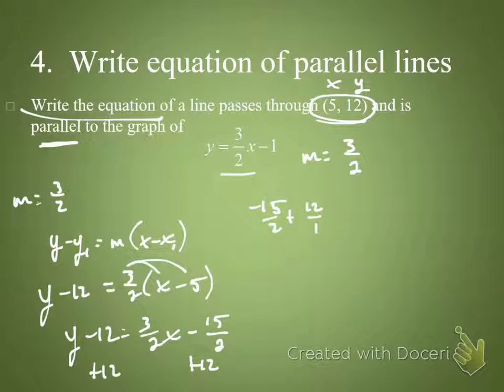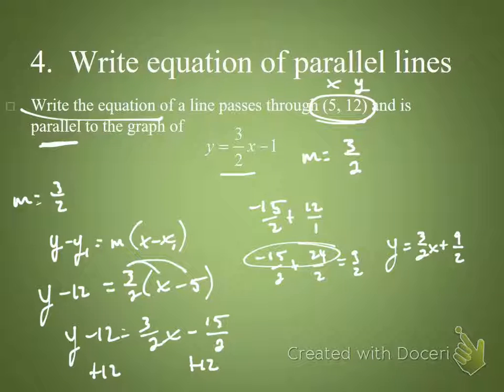Of course, we have to get a common denominator, so that 12 has a denominator of 1. That means multiply that fraction top and bottom by 2. And then we're going to add these guys and get 9/2. So your equation ends up looking like y equals 3/2 x plus 9/2. Right? And then we're done.